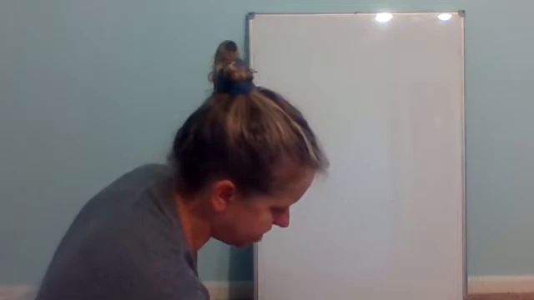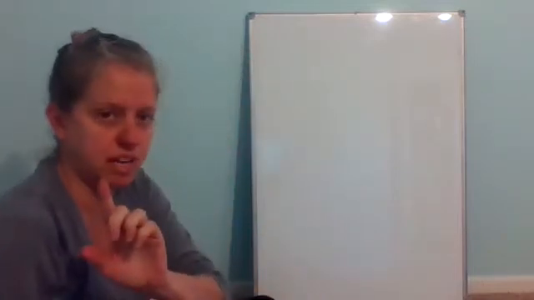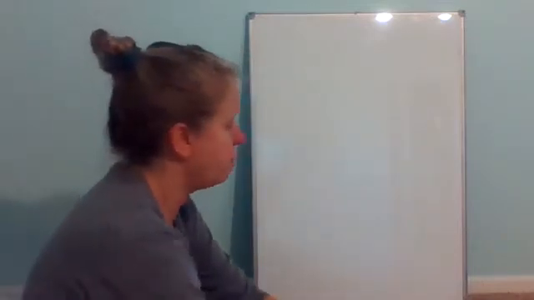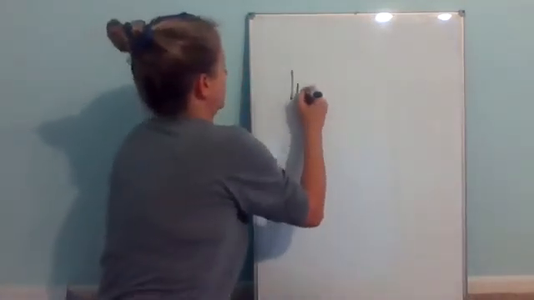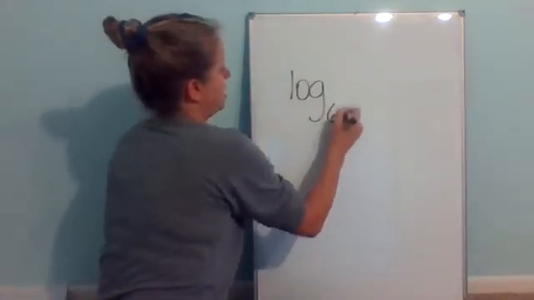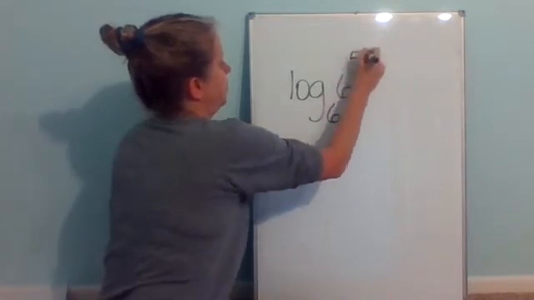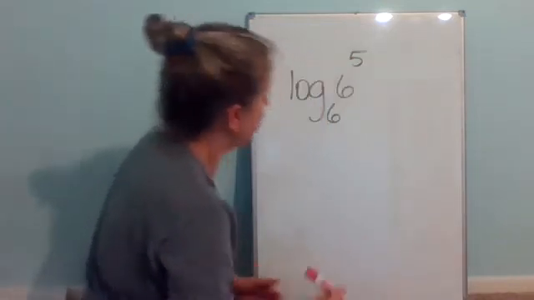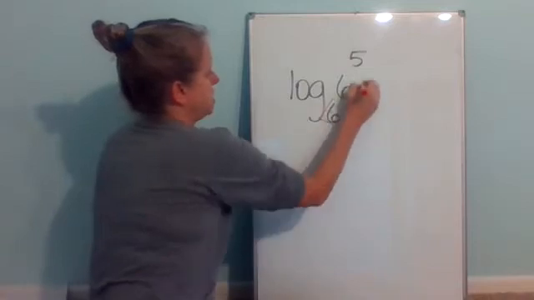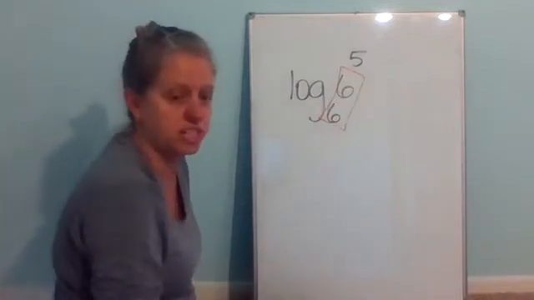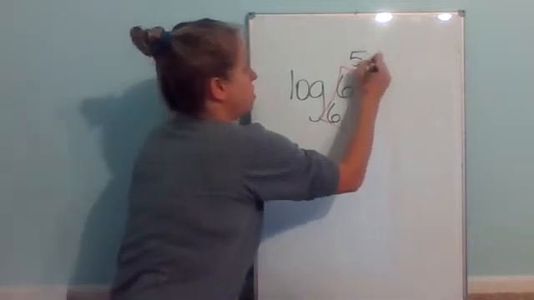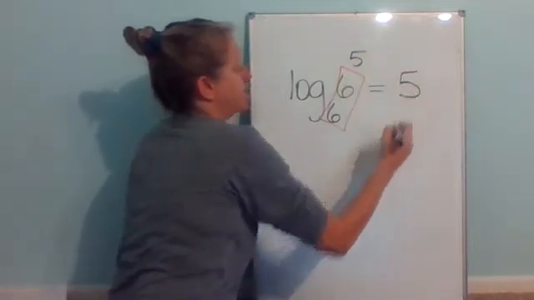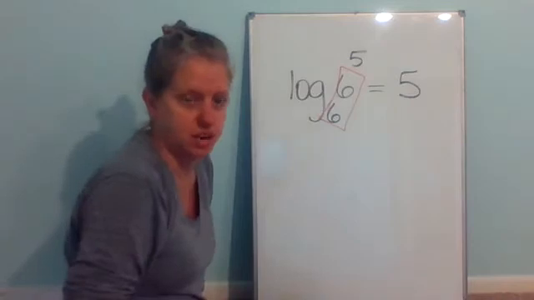So I have e. Oh, wait, let me talk about something. I see this is what's going to come up here. Remember that property of logs that says log base 6 of 6 to the 5th power, that says if your base and this number are the same, that is going to be equal to whatever that exponent is, right?